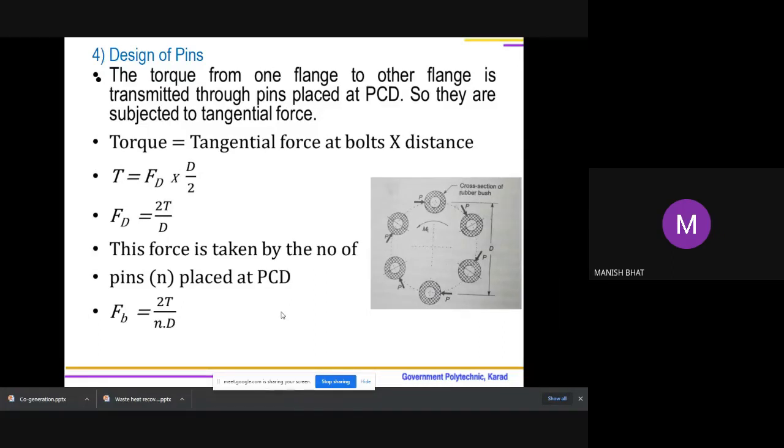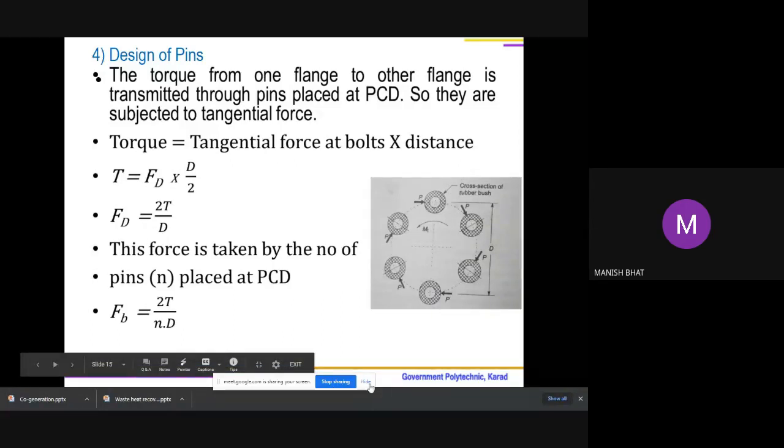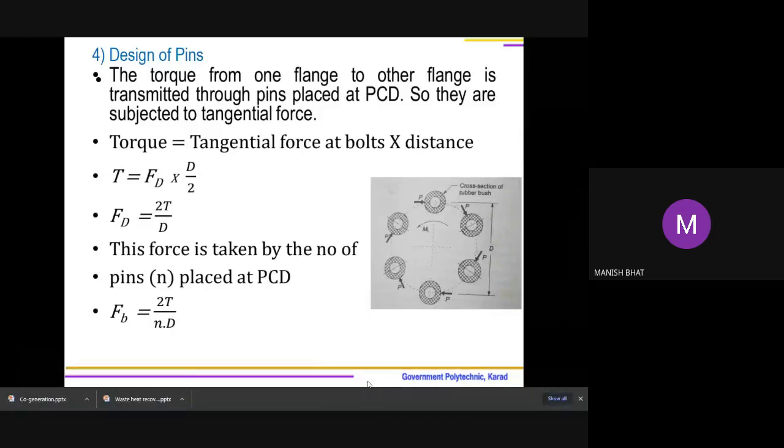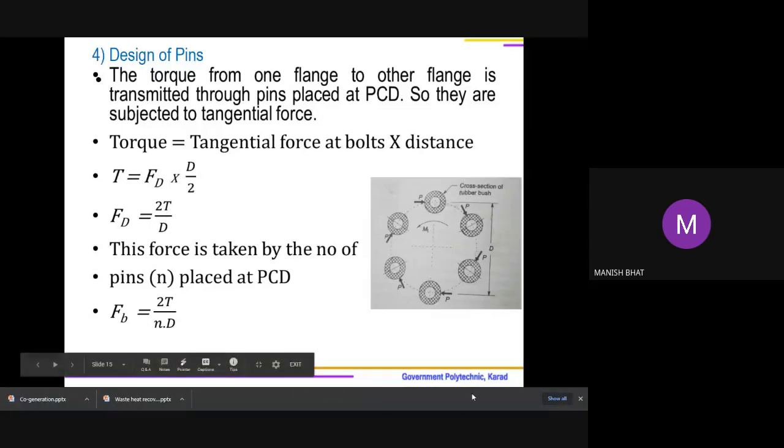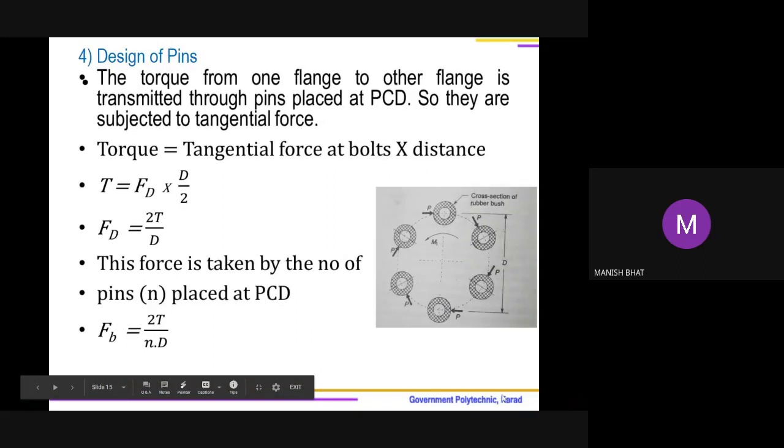So by this, we are in position to calculate the force acting at the number of pins, or you can say bush. So this is FD is equal to 2 times T divided by D. So this is the force which is coming on all the pins placed.